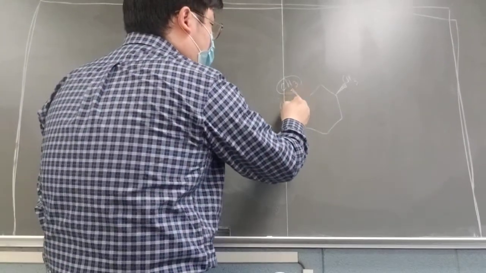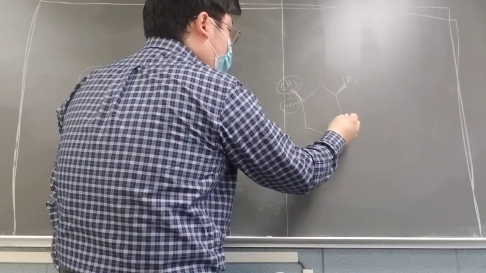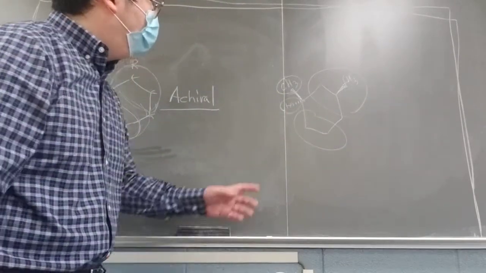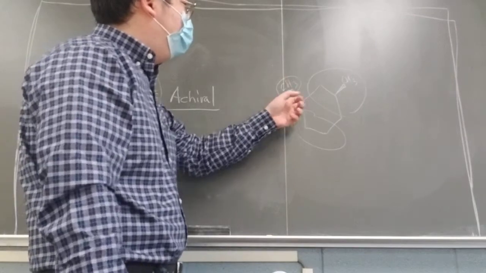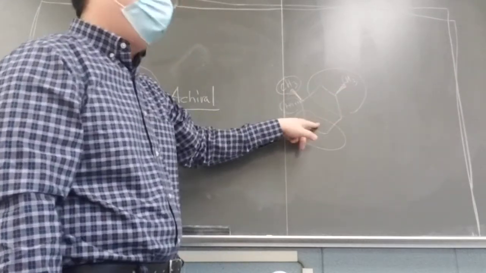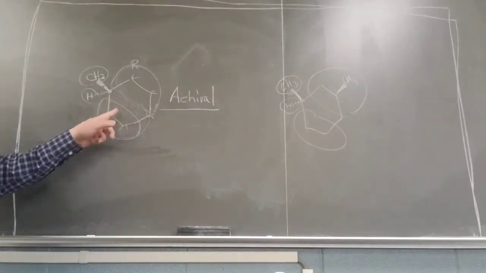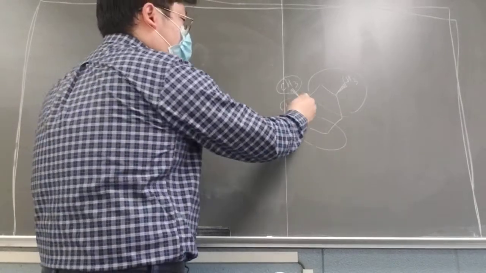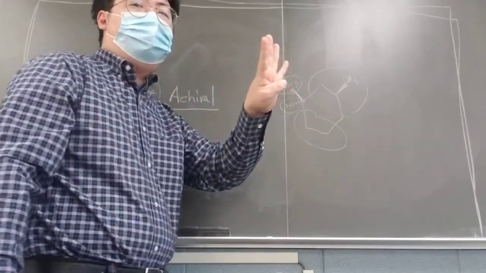But there are 2 different groups here, and now this carbon can compare this side and this side, right? So think about it. This is the methyl group here, hydrogen, and this side, the carbons in the ring structure are different now, right? Because they were the same before. It's different now, so that makes this carbon have 4 different groups.